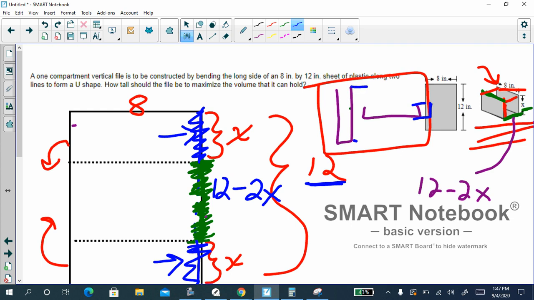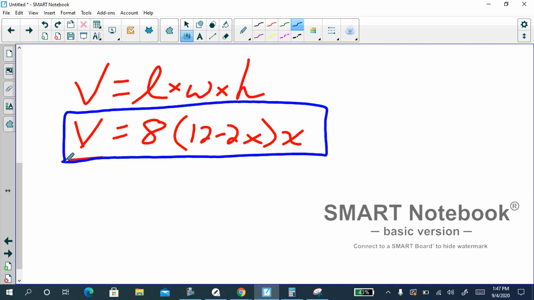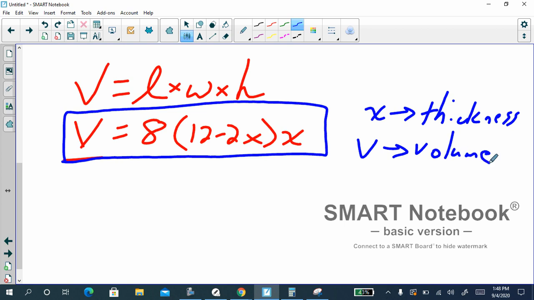If our fold is, let's say, 3 units from the edge, what would that volume be? But there'd be lots and lots of combinations to try, and we still might not find the one that gives us the largest volume. So what we're going to do is, here is a function that x tells us the thickness or the width, and that corresponds to v, which is the volume that we've created.